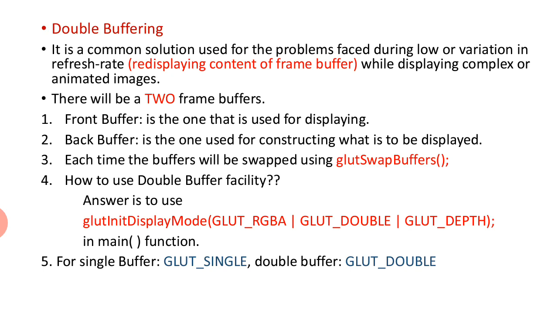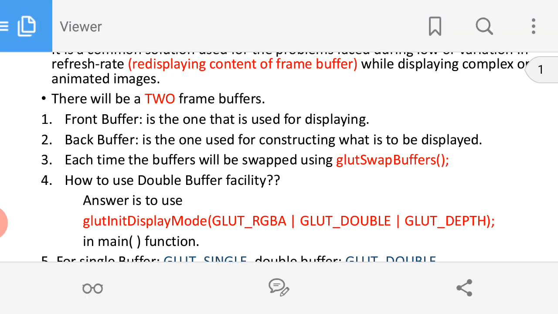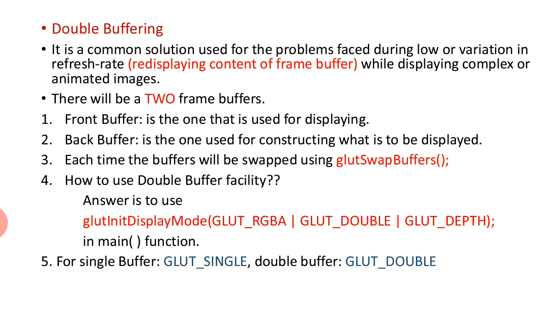This double buffering facility is available in our OpenGL graphics applications, and we can make use of it. In double buffering, there are two frame buffers. Anyway, you know that the frame buffer is the one in which the coordinate values of all those images and objects, along with color and vertex values, will be stored.